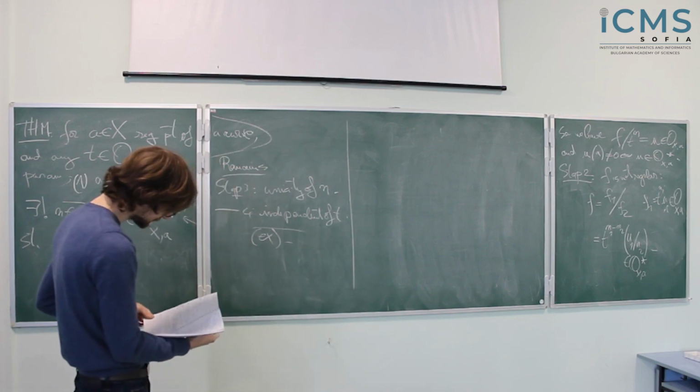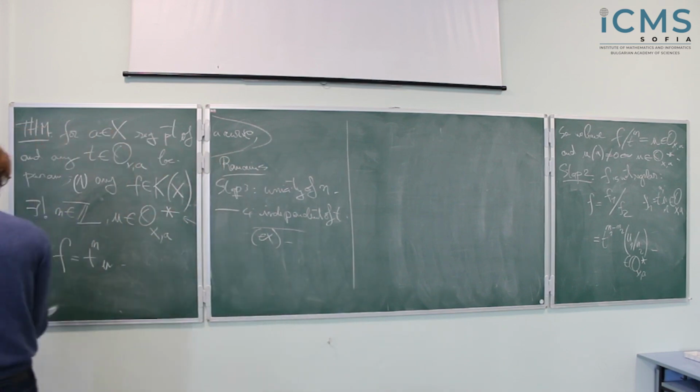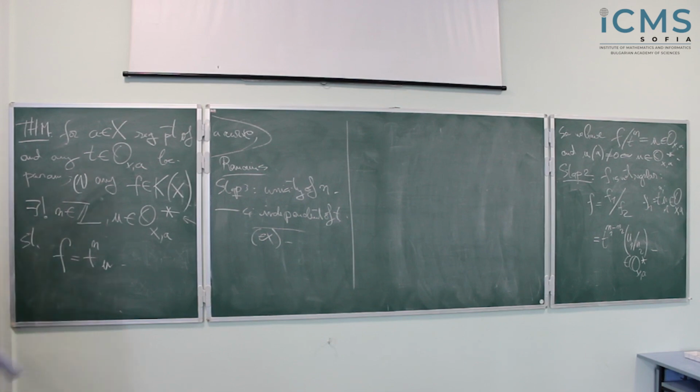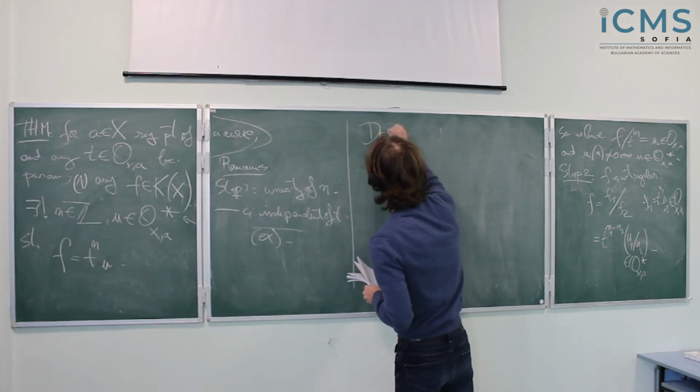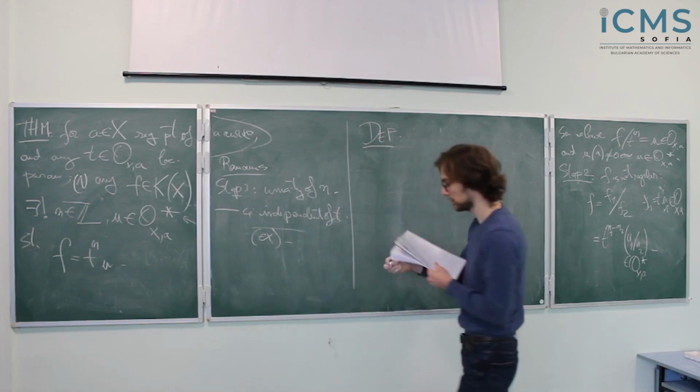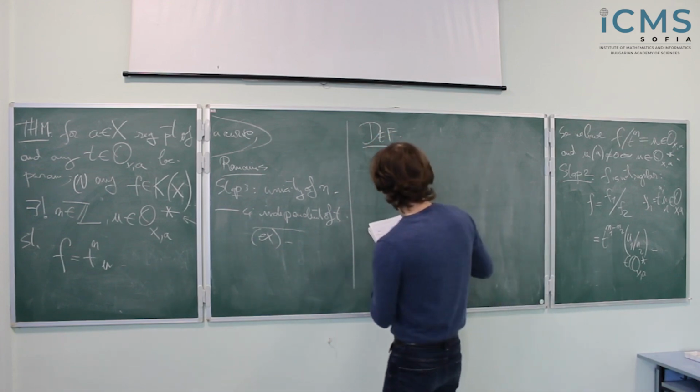Okay. So what I wanted to say was that these types of rings have a specific name. They are called discrete valuation rings.